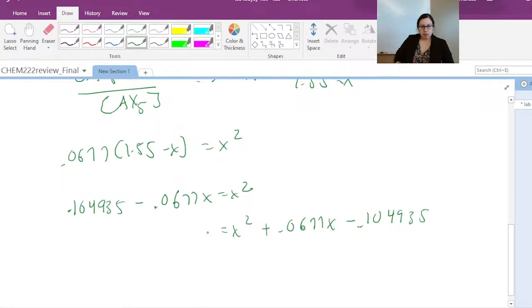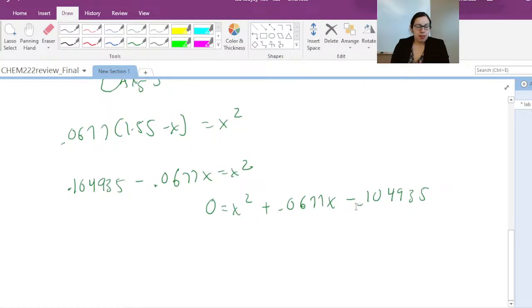So then, at least I get something like this in the quadratic form. And then plug it into our quadratic formula.